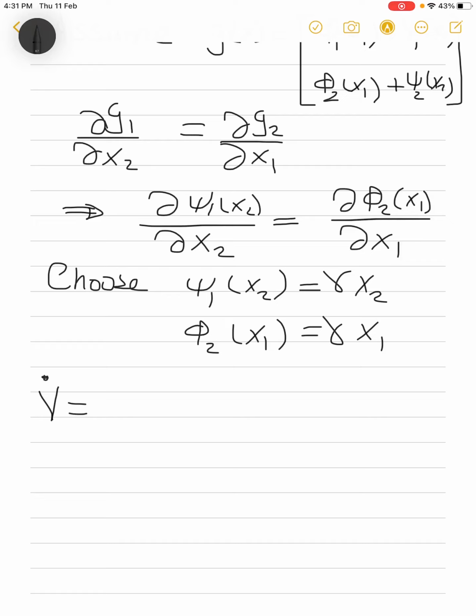So v dot will be phi 1 of x1 plus gamma x2.